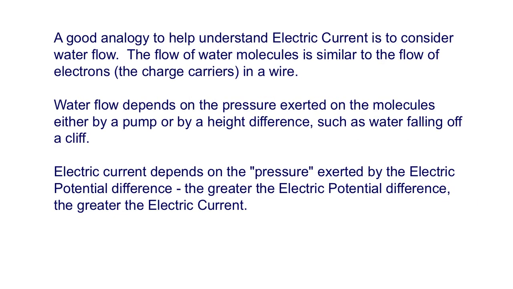Okay, so they present a pretty cool analogy here. Think of a pipe with water flowing through it. So the pipe is like a wire, okay? And the water in the pipe is like the electrons flowing through the wire.